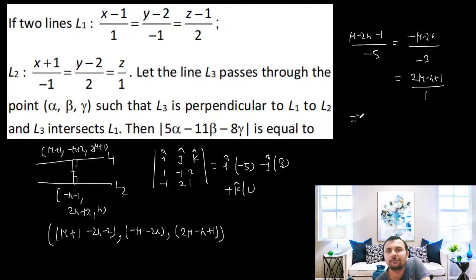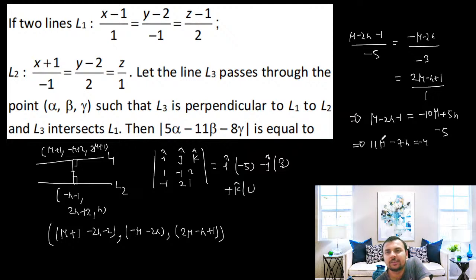So if you solve it individually, we have mu minus 2 lambda minus 1 equal to minus 10 mu plus 5 lambda minus 5. We are going to get 11 mu minus 7 lambda equal to minus 4.